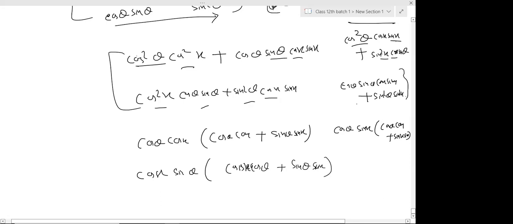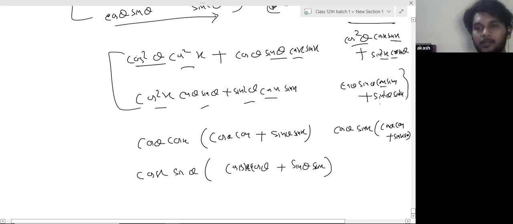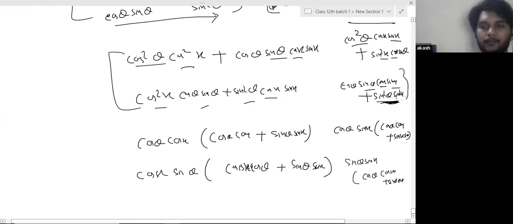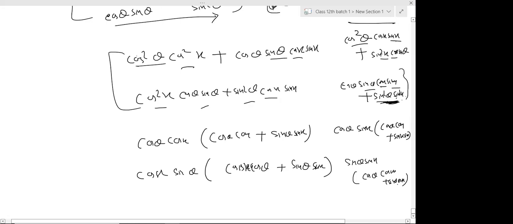No, cos x is not here. So we can take sin x, sin theta common, right? Because this is sin square theta, sin square x. So sin theta, sin x we can take common. So cos theta, cos x plus sin theta, sin x, right? Everyone, this is clear? Yes, sir.